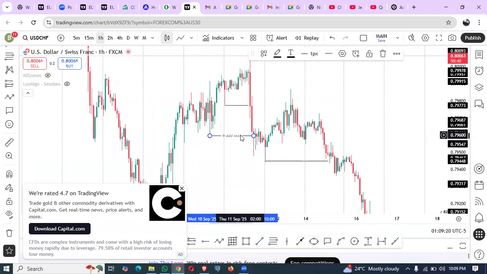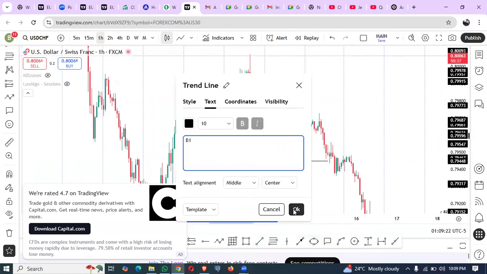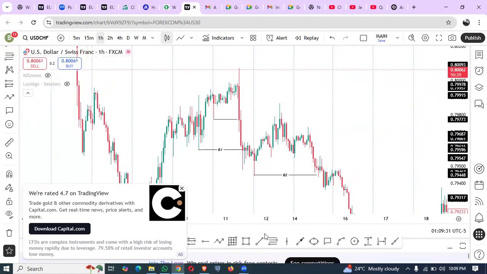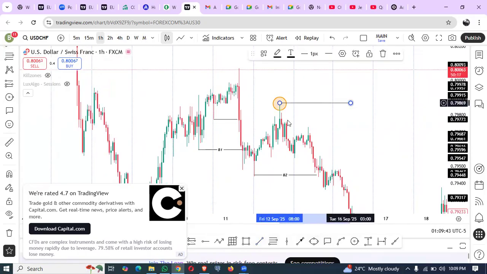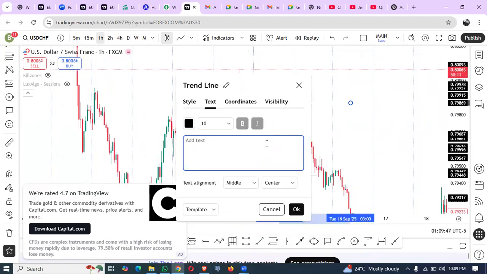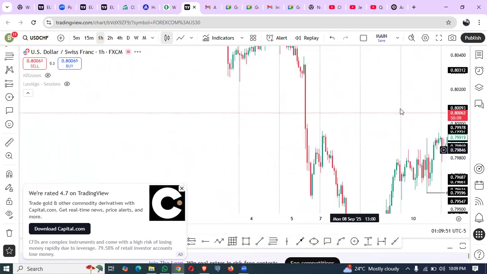So let's say B1 here, B2 here. So where did your B2 leg come from? It came from here. This origin of the B2 push now is what we call your inducement. That's the idea of your inducement, or X. Anyone you feel comfortable with.